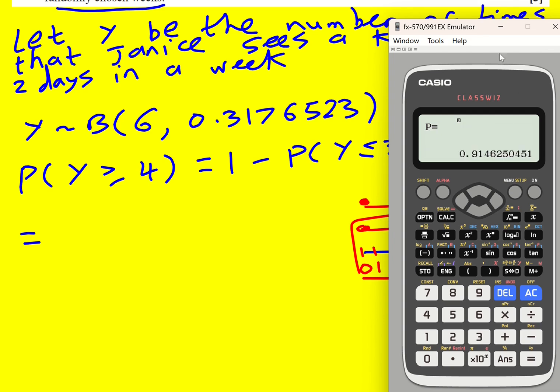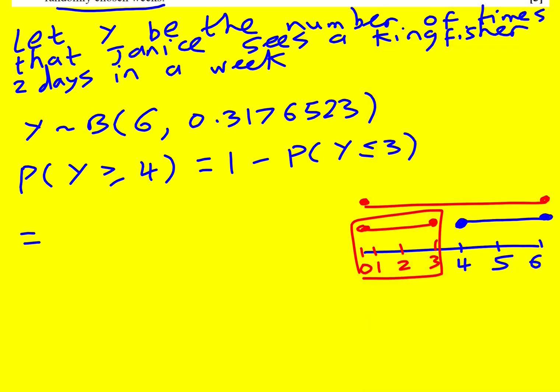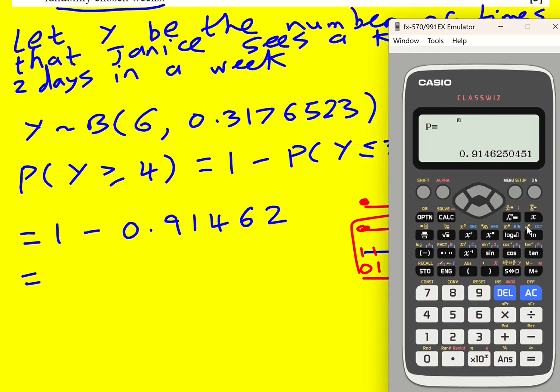And then we get 0.91462. So remember, it's 1 minus that. So I'm pretty sure that stores it in the answer button.